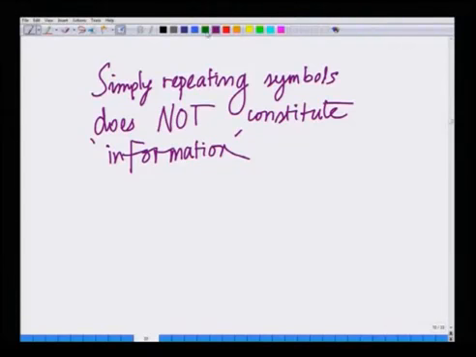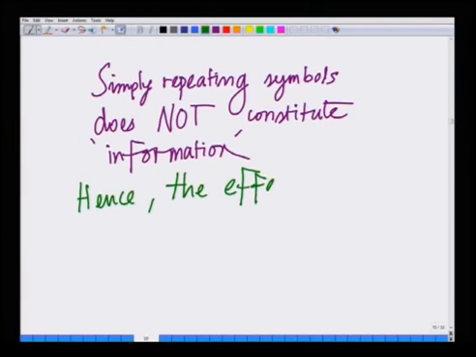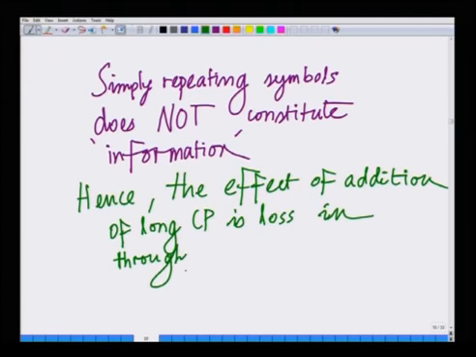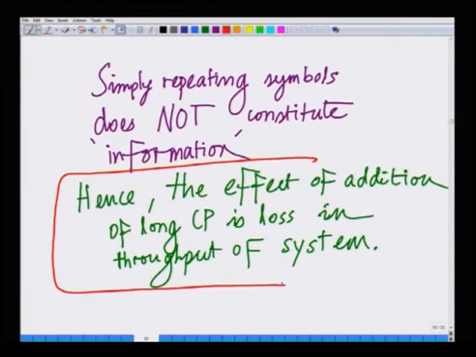Hence, the catch is the effect of addition of a long cyclic prefix is loss in throughput of the system. Essentially, that is the catch.